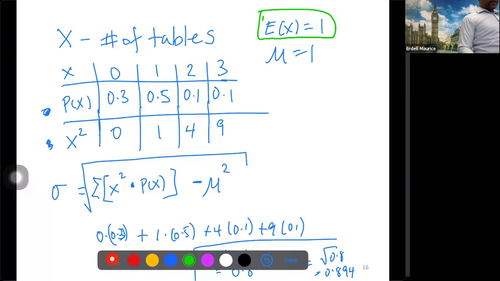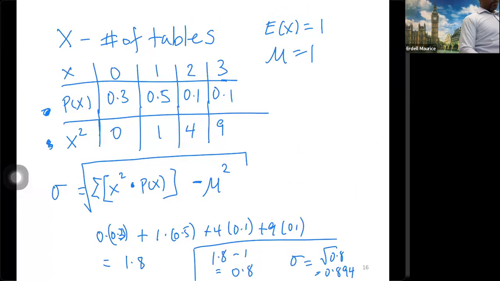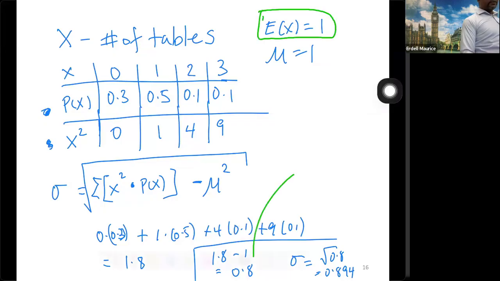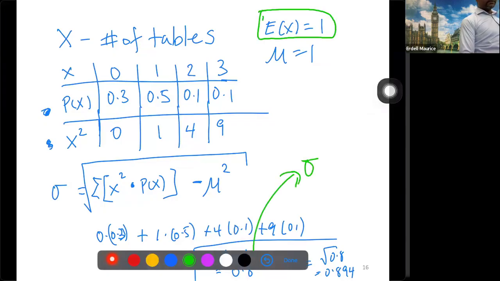When we did that, our answer should be 1.8. Then we need to subtract the mean squared, but the mean squared is still 1, correct? Subtract 1, that gives us 0.8, and that completes this piece. 0.8 is your variance, sigma squared.